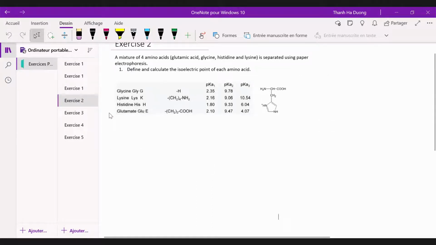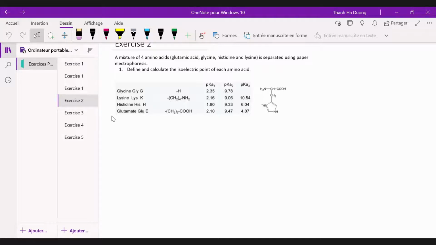Okay. Now we have a mixture of 4 amino acids, glutamic acid, glycine, histidine, and lysine, and we want to separate them using paper electrophoresis. So, in the first question, we have to define and calculate the isoelectric point.